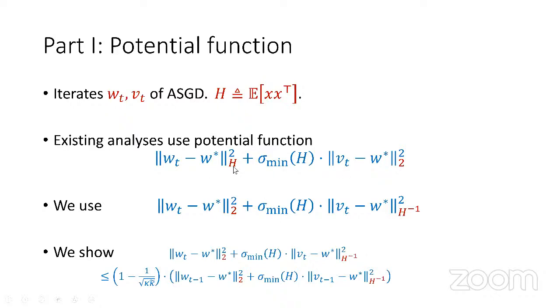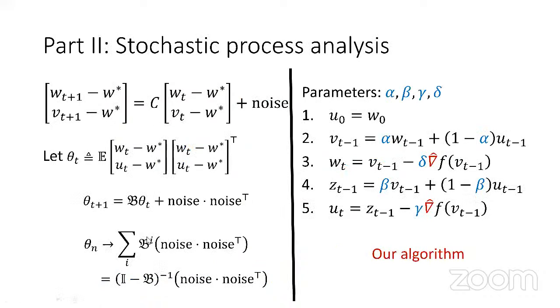So when we multiply with H inverse on both sides, we get an L2 squared norm here and an H inverse squared norm here. Once we do this, we can convert the same analysis from the deterministic setting, where the convergence rate can now be bounded by 1 minus 1 over the square root of kappa kappa twiddle. This is what gives us the square root of kappa kappa twiddle convergence rate in the first term. Now, the more challenging part was the second part, where we want to analyze the effect of noise.